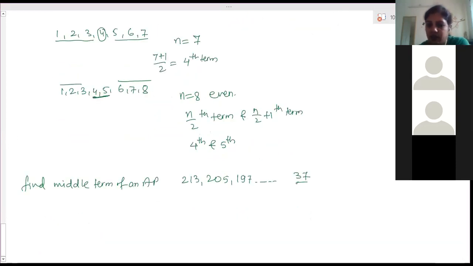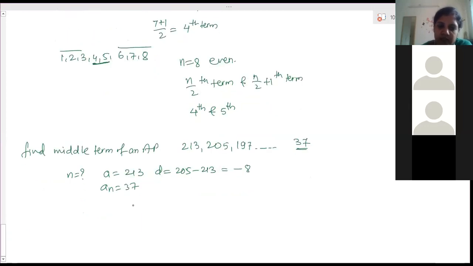So here the last term is 37. First find the n value, since the position of 37 will give us the number of terms. a is 213, d is 205 minus 213, that is minus 8, and an is 37. Use the formula an equals a plus (n minus 1) into d. 37 equals 213 plus (n minus 1) into minus 8.